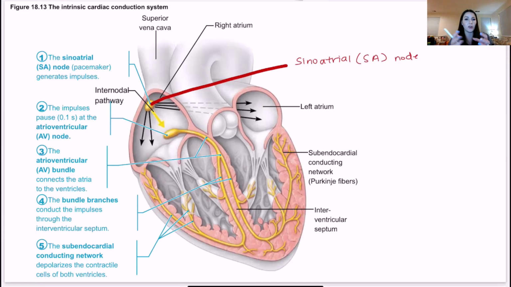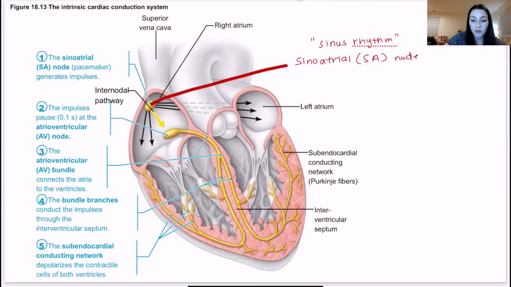A node is just like a group of stuff. So here it's a group of pacemaker cells. And it lives in the top of the right atrium, really close to where the SVC, superior vena cava, comes into that right atrium. And so sinoatrial refers to the atrium, but it's also where we get that word sinus rhythm. We'll come back to that.